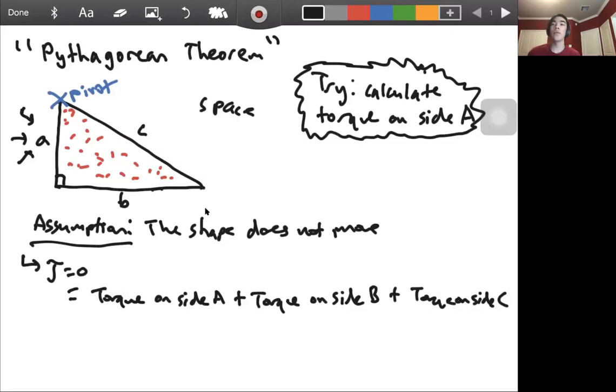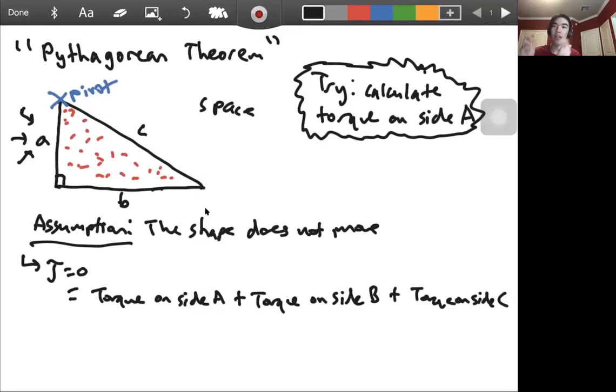So the way torque works is the red dots, which is the gas, is exerting torque on the sides. The sides aren't exerting torque on each other. Or if the sides are exerting torque on each other, it kind of cancels out. This is another really cool thing about physics: if you have an object, parts of the object exert impacts on the other parts of the object, but we can usually ignore those as physicists.